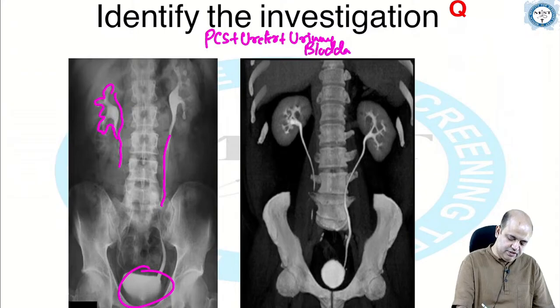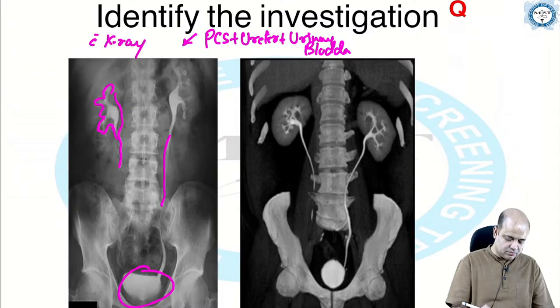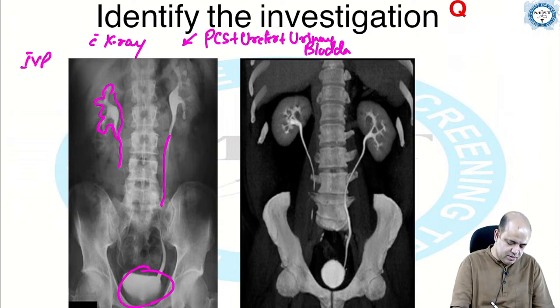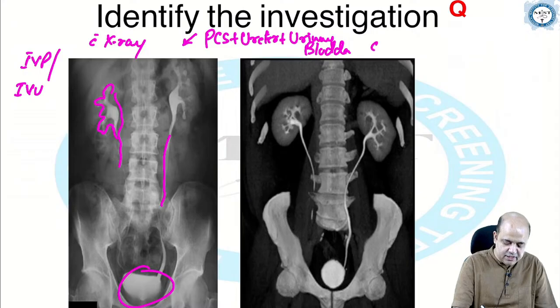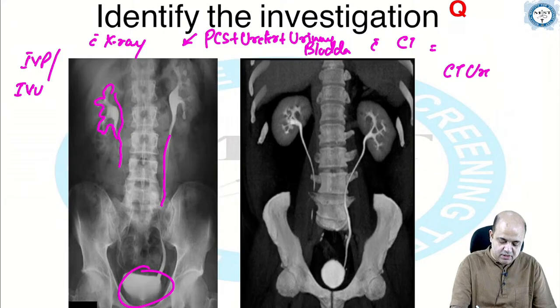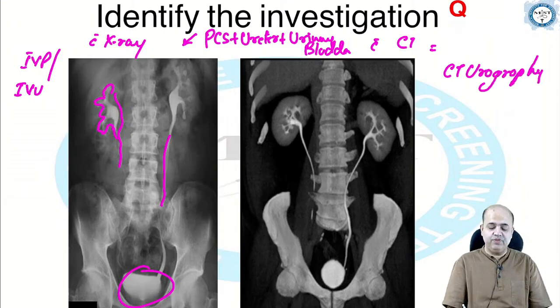If we see this against the background of the X-ray, this is intravenous pyelography or intravenous urography, IVP or IV urography. If we see it with the CT scan, then this becomes the CT urography.